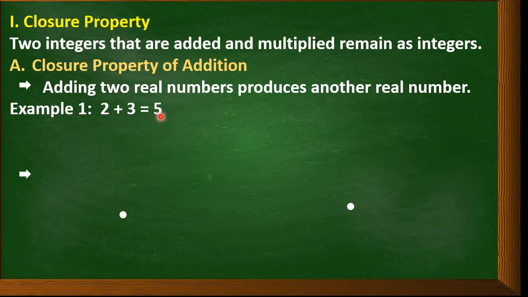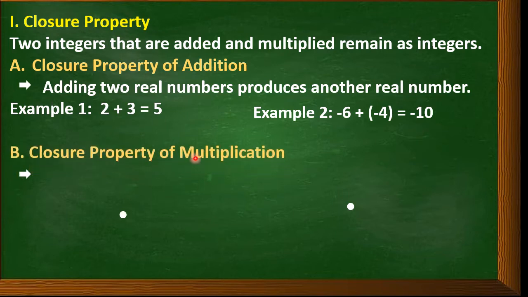That is what is meant by closure property of addition. Another, if we have negative 6 plus negative 4, the answer is negative 10. The two numbers are integers, and the sum is also an integer. That is what we call closure property of addition.